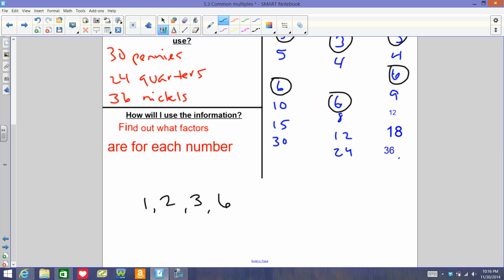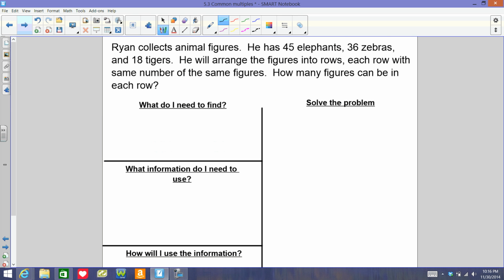All right, next problem we have is Ryan collects animal figures. He has 45 elephants, 36 zebras, and 18 tigers. He will arrange the figures into rows, each row with the same number of the same figures. How many figures can be in each row? So what do we need to find?